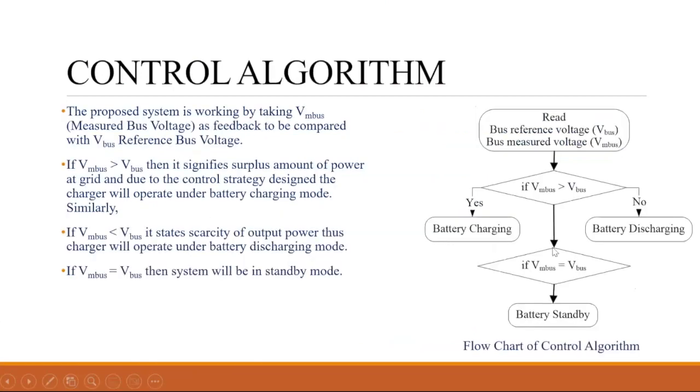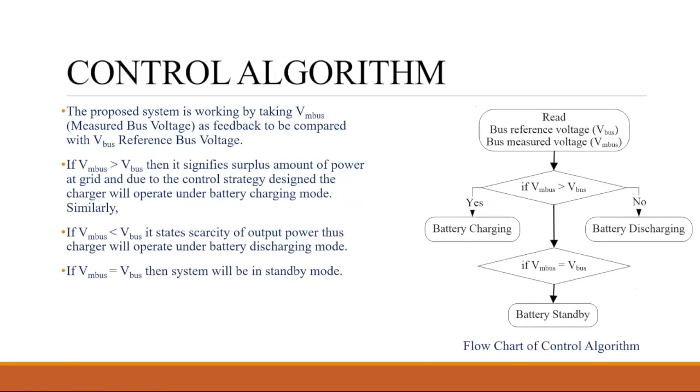Based on the control, based on the logic, we have defined an algorithm for how the system will work. Look, there is a bus voltage, there's a reference that we have fixed, and as I told you, this is the control logic inside the comparator, how the comparator will give a logic 1 or 0.